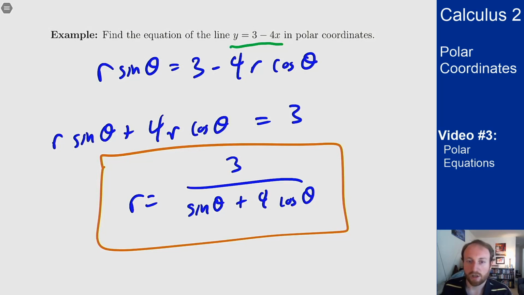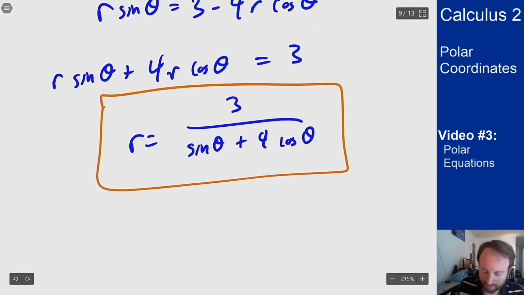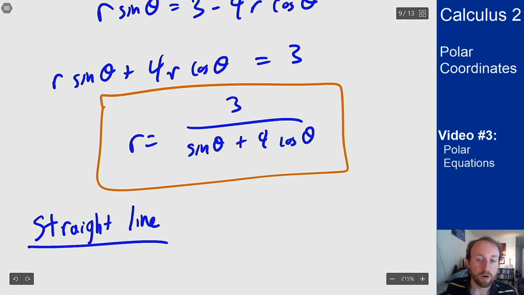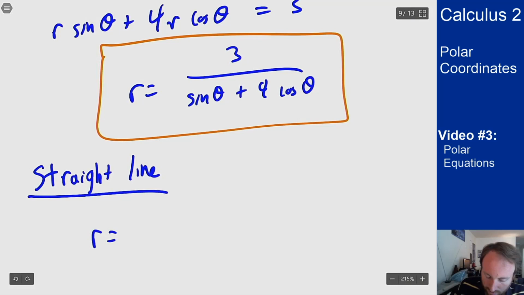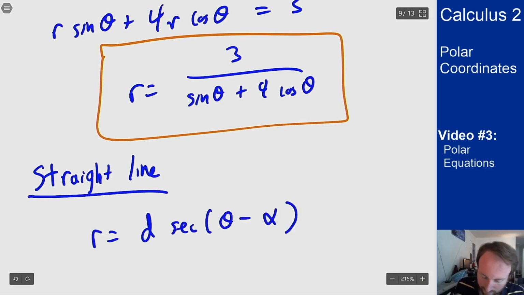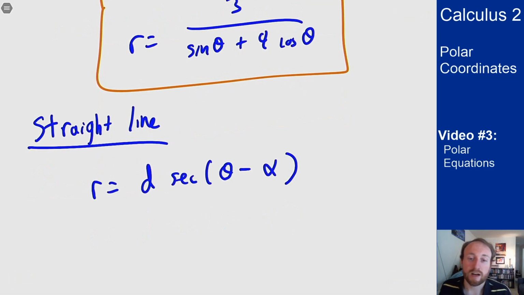My constant curves for polar coordinates are all circles, so modeling a straight line is a lot harder, and we get something like this. You can do some more work here to make this a more general form, and what you get is that for a straight line, the polar coordinate form of the equation is r equals d secant of theta minus alpha, where the nearest point on the line to the origin is at polar coordinates d and alpha.